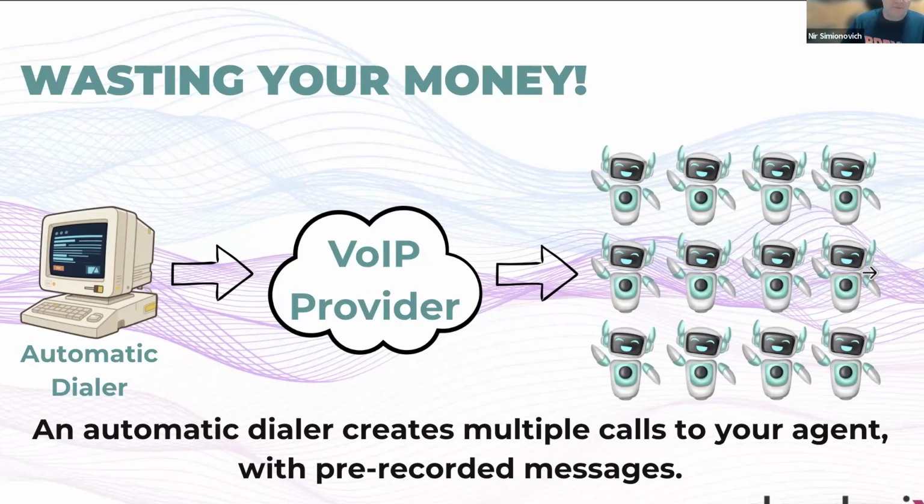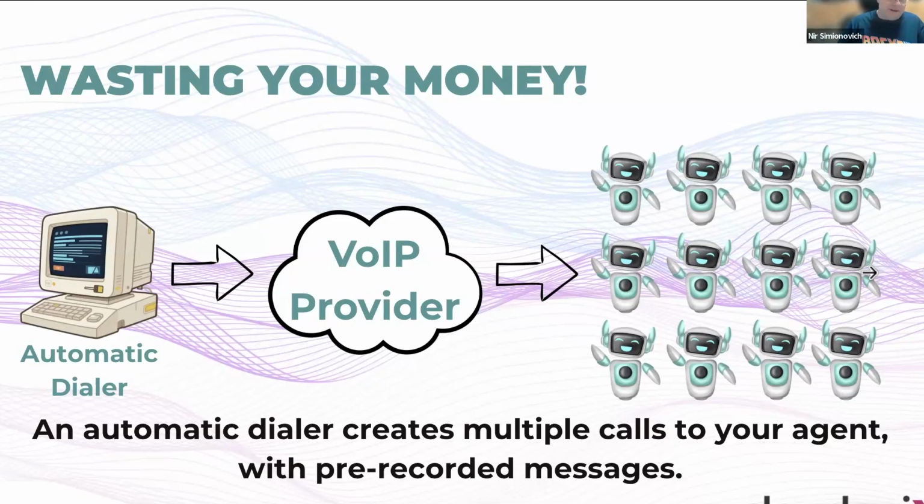So what would he do? He would hire a bad actor, or he will just go on the internet into Twilio and write a very simple script of an automatic dialer. The automatic dialer will then dial the phone number of the voice agent, and the voice agent will pick up, right?